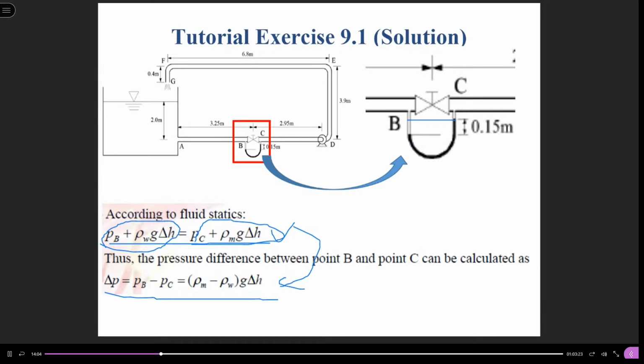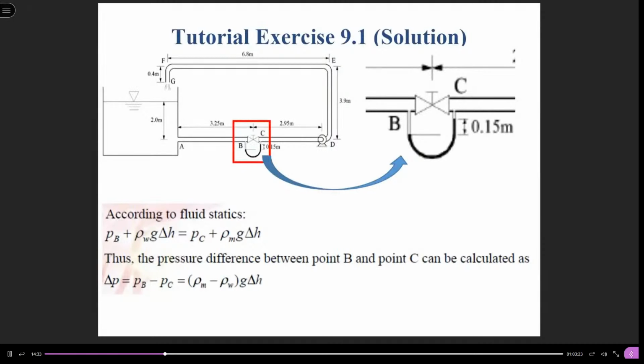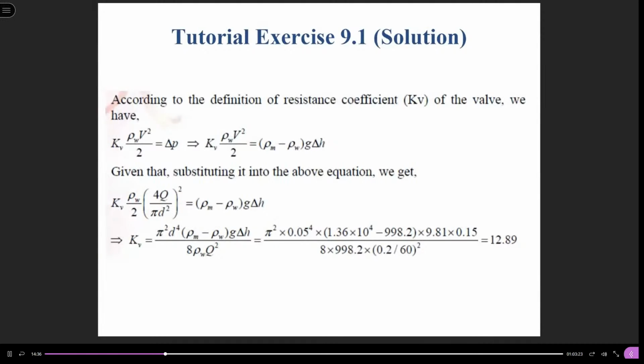Change the above equation into this form. Then, according to the definition of resistance coefficient of the valve, we have this equation. According to the results we have obtained here, it can be rewritten in this form.